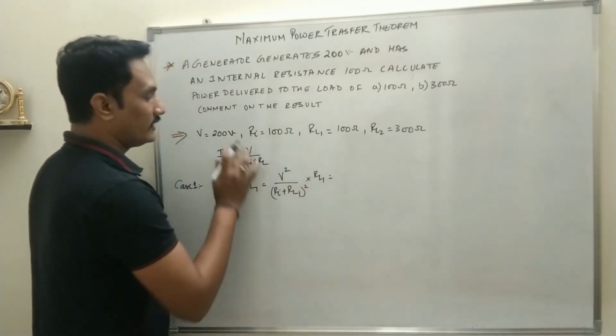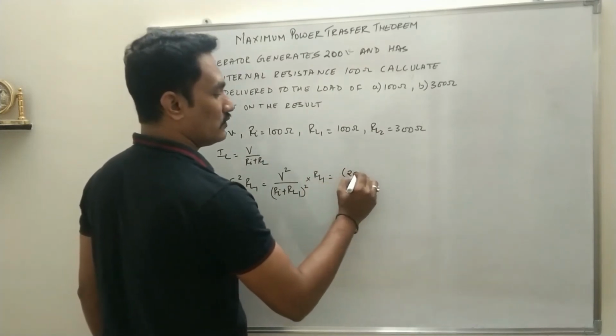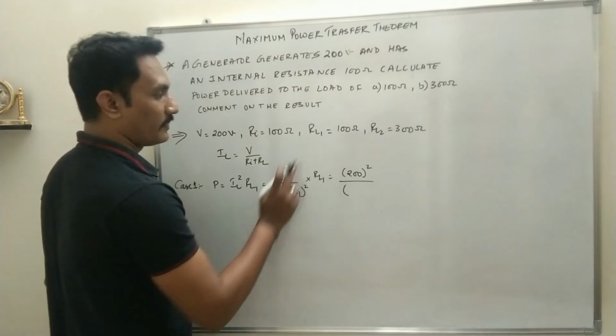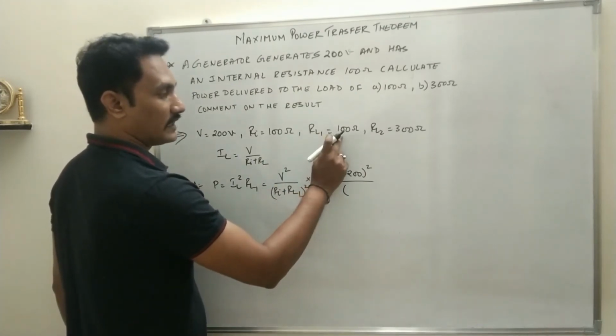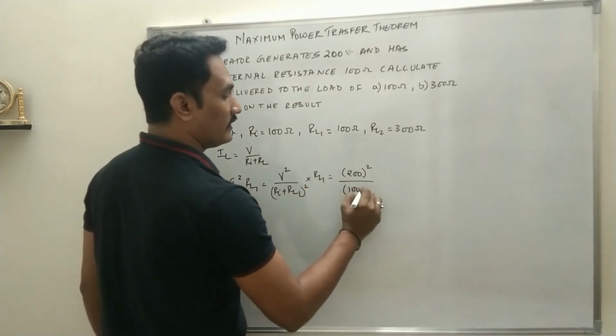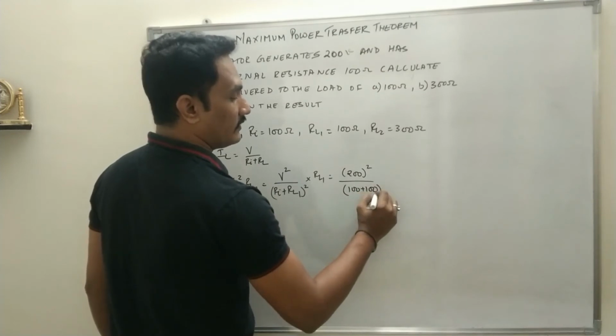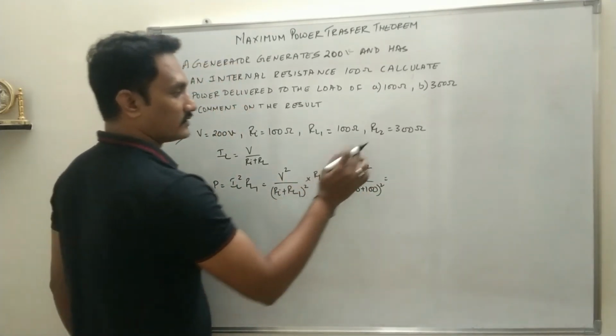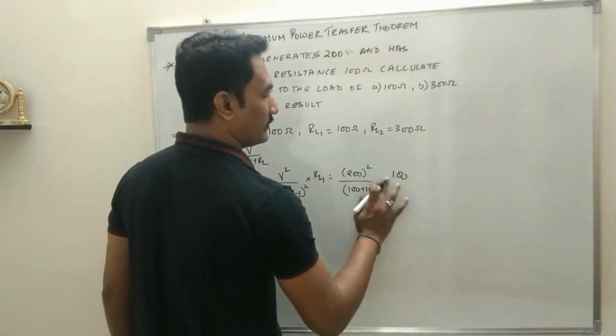So what is V square? V square is 200 square upon, what is Ri plus RL? Ri is 100 ohms. In the first case RL is also 100 ohms, so (100 plus 100) whole square, and multiplied by RL1. So what is the RL1 value? It will be multiplied by 100.